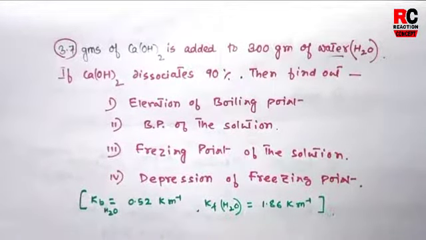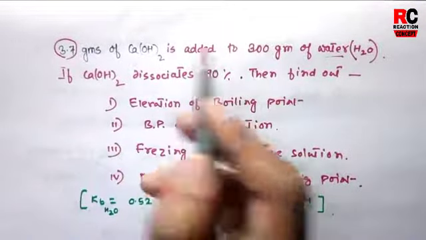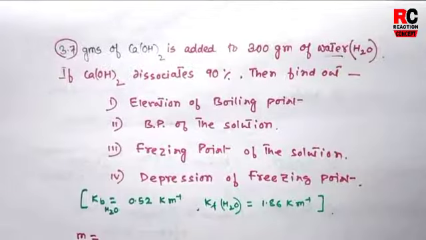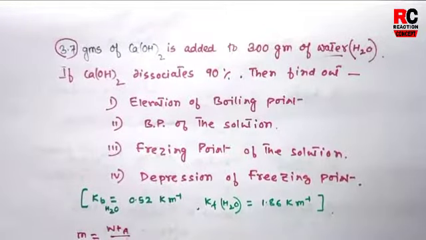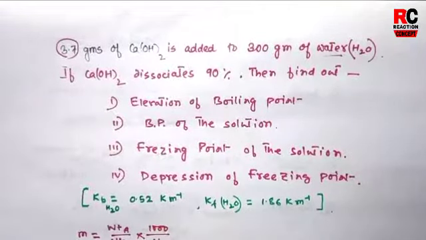So first, you have to convert this composition of the solution into molality, that is, the molality of the solution should be calculated. Molality is given by weight of the solute divided by weight of the solvent into 1000 divided by molar mass of the solute.